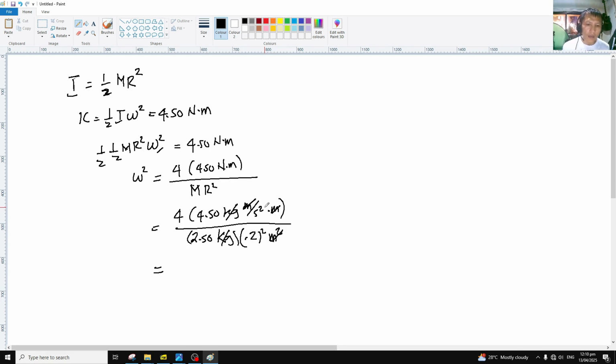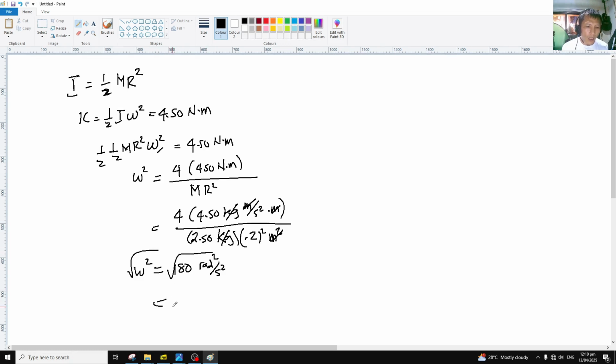So, pag square root ko, diba? 4 times 4.50 all over 2.50 times 0.2 squared. So, this is 180 radian squared per second squared, kasi kailangan ko ng dalawang dito.